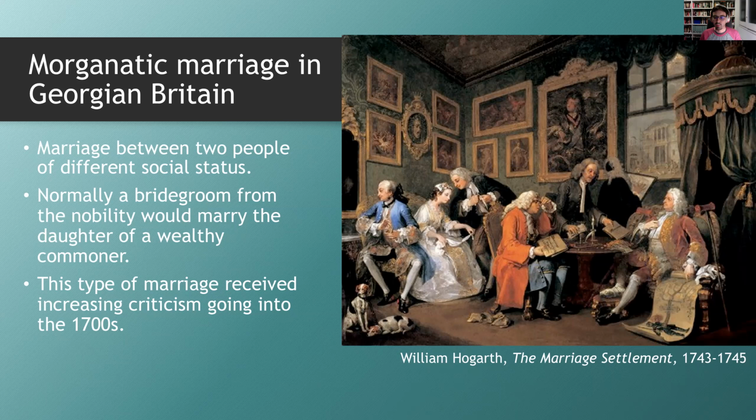And here we have William Hogarth's The Marriage Settlement, also called Marriage à la Mode, one of a series of paintings that he made about the subject of marriage. This artist always has a very keen eye, and is always very critical about societal practices in the London of the mid 18th century.